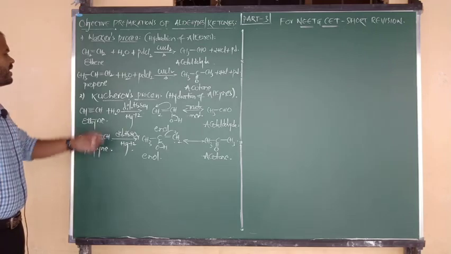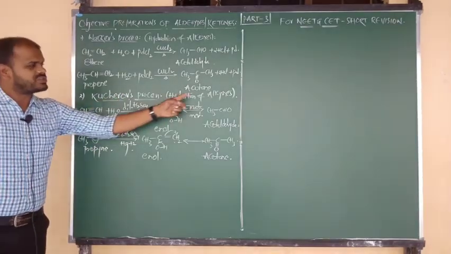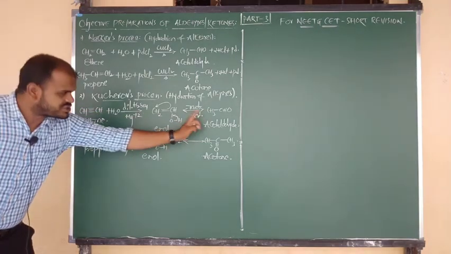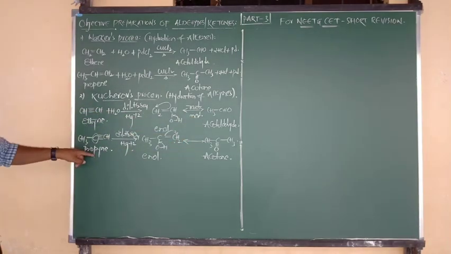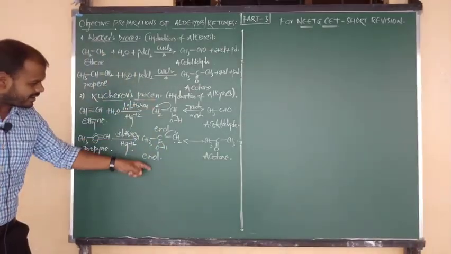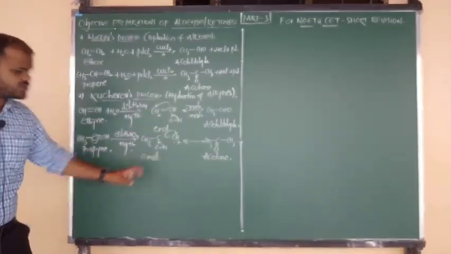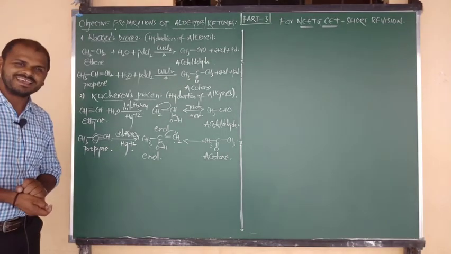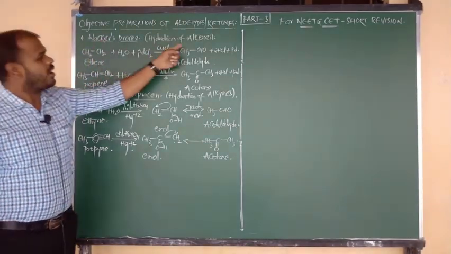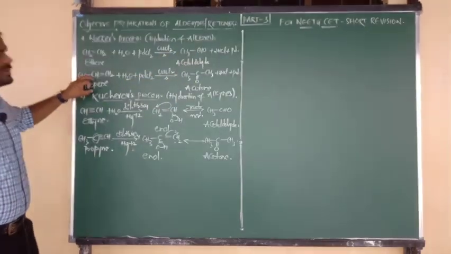Once again, in Kucherov's process, hydration of alkynes occurs. Symmetrical alkynes upon hydration give aldehydes. Unsymmetrical alkynes upon hydration give ketones. In both reactions, the intermediate is an enol intermediate. Did you understand? Symmetrical alkyne upon hydration gives aldehyde.